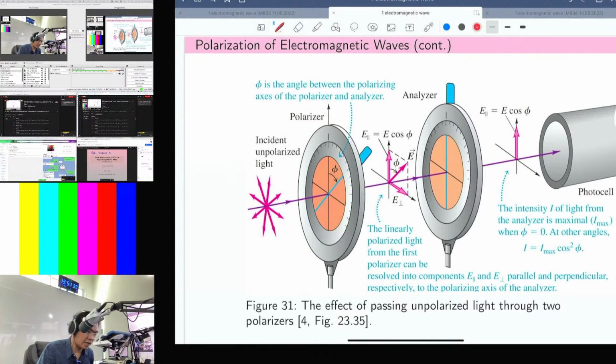We use a photocell to detect how much energy we get. Once you rotate the knob like this, only the wave that has a direction like the E field here can be transmitted. And what's going on? We can have two components, because this is the maximal angle deviation, which is phi, right?